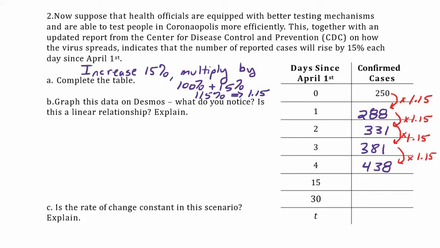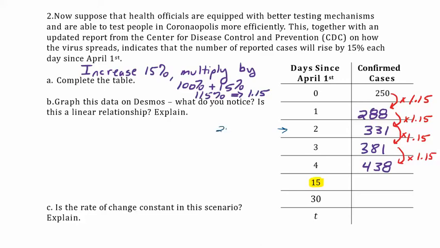So we're repeatedly multiplying by 1.15. So now we're at this point again where we need to jump to 15. And we could keep multiplying by 1.15, but we want to work a little smarter here. So let's think about how we got this 331.